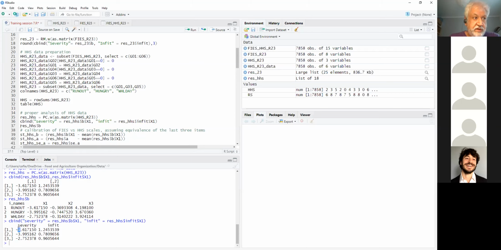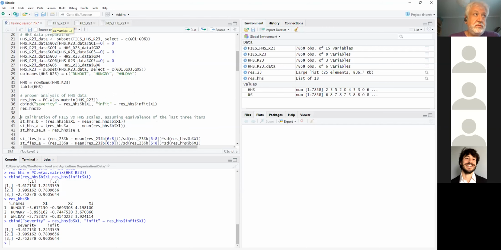But of course, the numbers in this particular case are not standardized to have mean 0. And this is something that we need to take into consideration, because if now we wanted to compare the result of having estimated the household hunger score data with the result from the Rasch model on the FIES, we cannot compare directly these severity parameters.